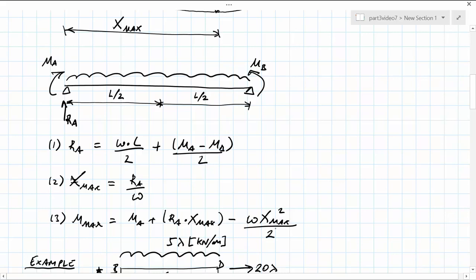The best way to understand how this is to be used is through an example.